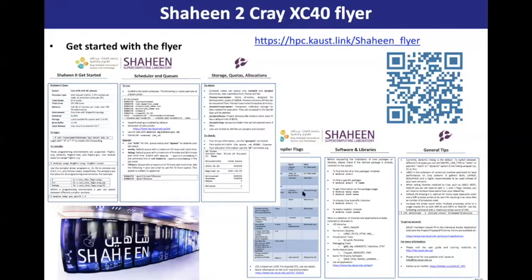Some of the flags for the compiler, and some tips on the IO libraries, visualization tools, and so on. Okay, so just click on this link, or now with your phone, you can use the QR code.